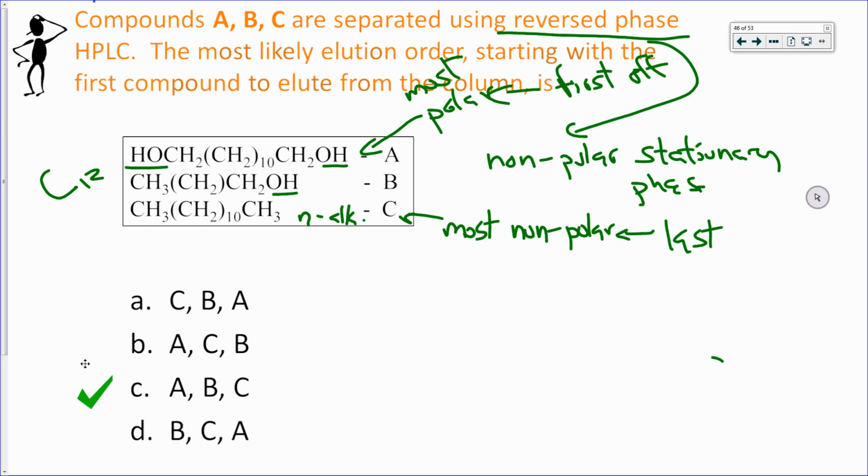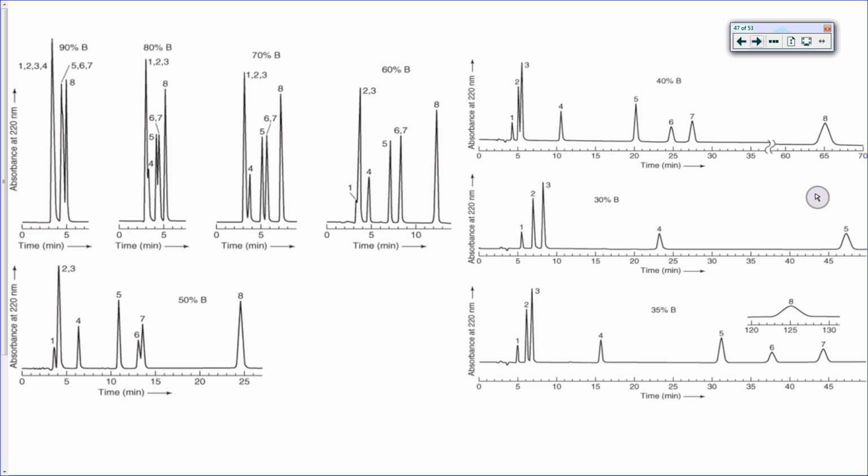All right, tell me something about retention. Here's just examples of different solvents and changing the composition of the solvent. So it's going from a solvent that's way too strong. So this is the B percentage, the percent organic.